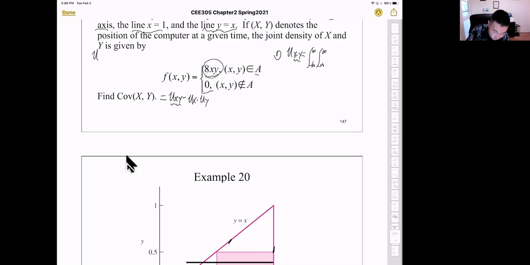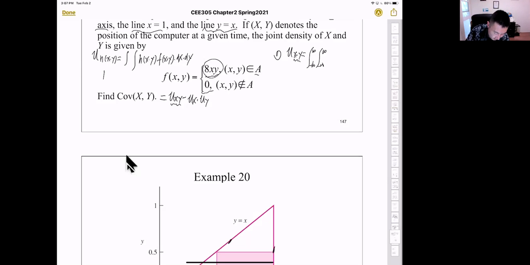The mean value of a function h(x,y), based on the previous equation, is equal to the integral of h(x,y) f(x,y) dx dy.